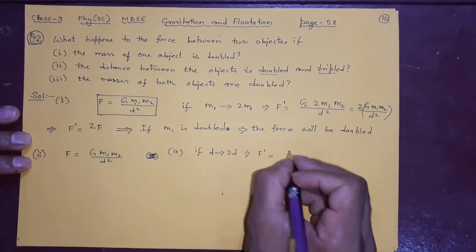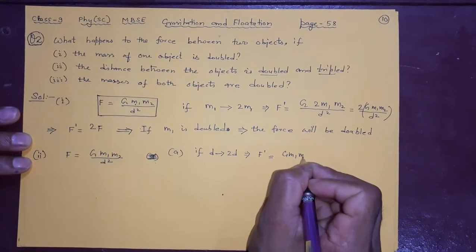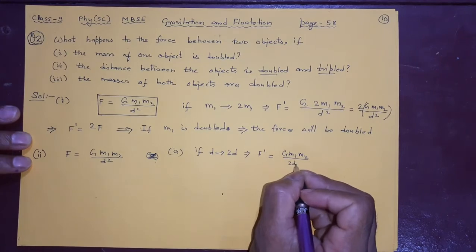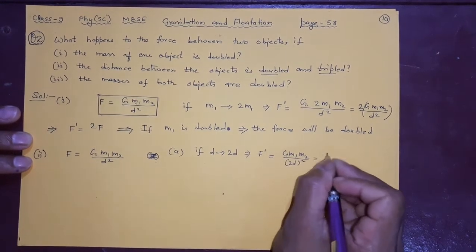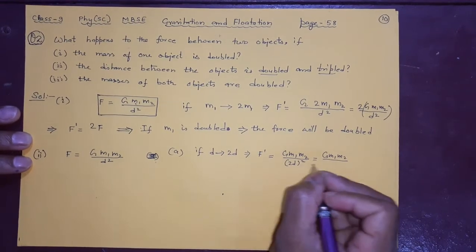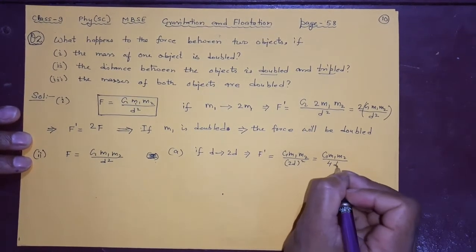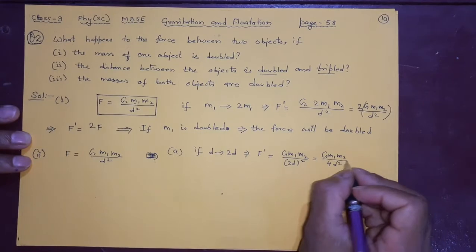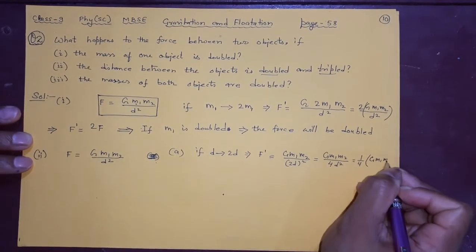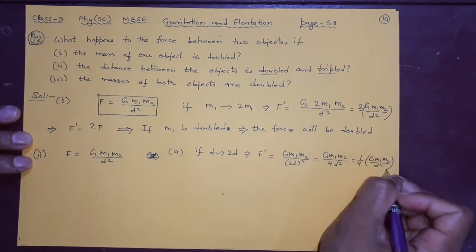F dash equal to G m1 m2 by 2d whole square. What is this? G m1 m2 divided by 2 square is 4, d square. Now you see what is happening. 1 by 4 G m1 m2 by d square, okay.